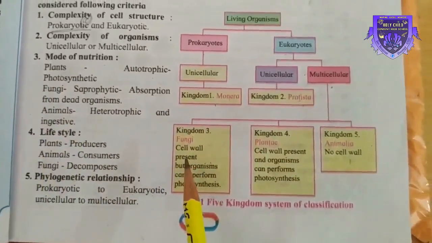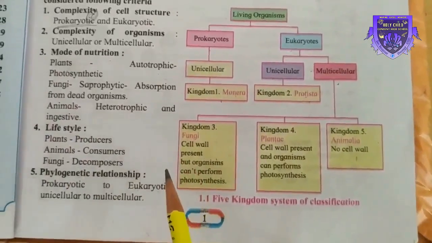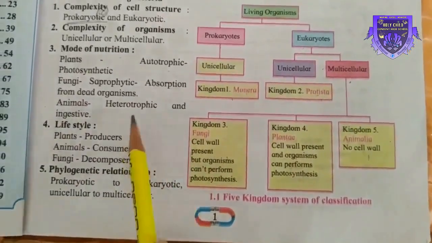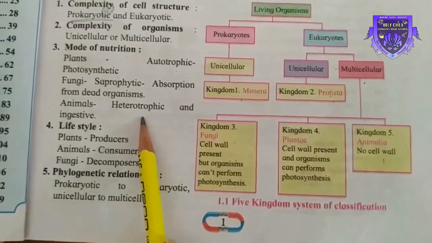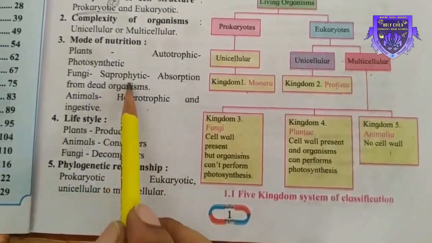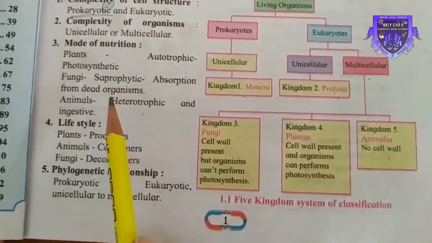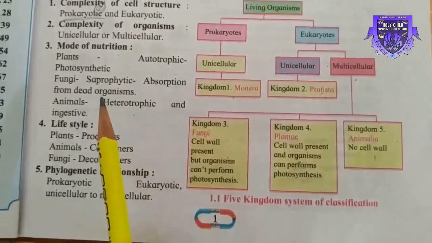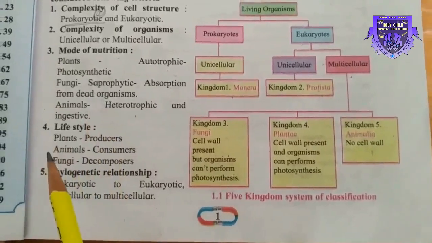Others do not synthesize and they become heterotrophs, who depend on others for their food need, and some are saprophytic, which carries out absorption from the dead and decaying organisms.